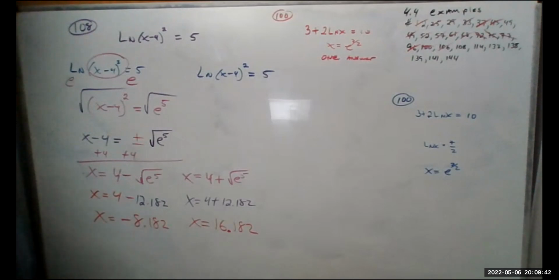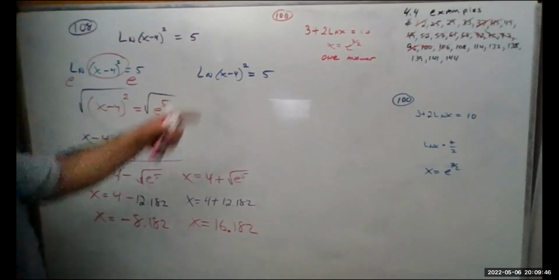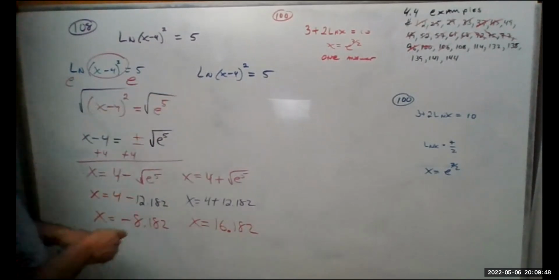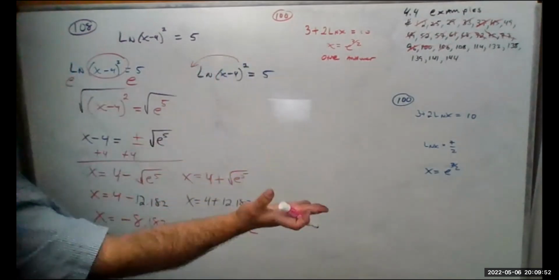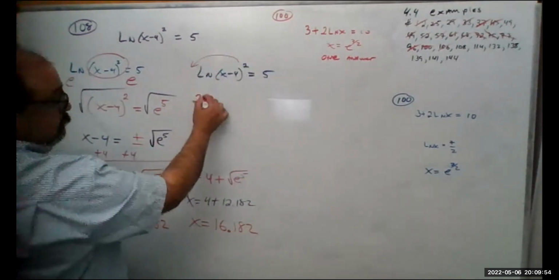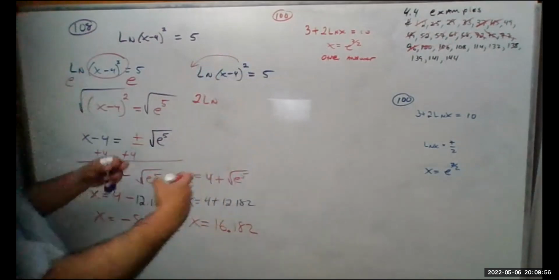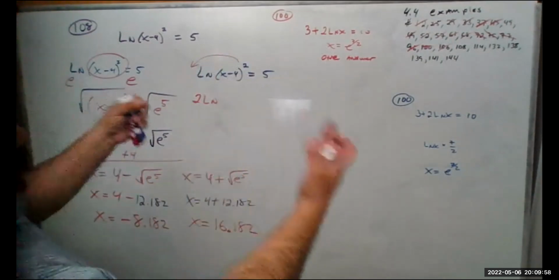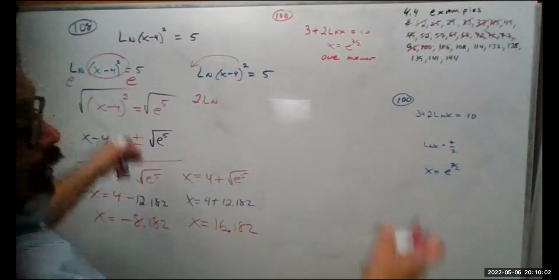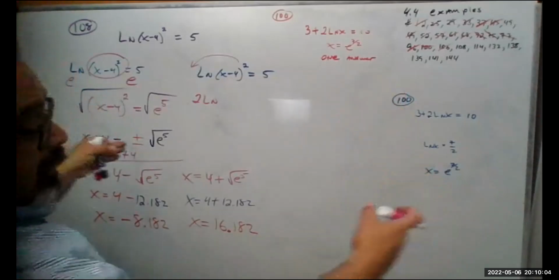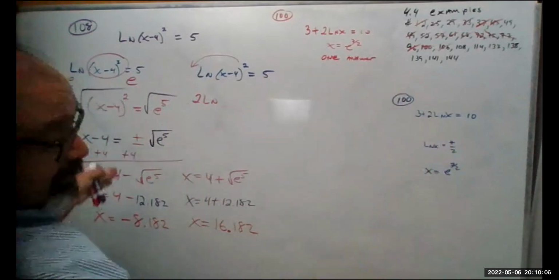Now, here's the problem if you do what you shouldn't do here. Let's bring the 2 down. We did it with the 1/2. But when you do it with the 1/2, if you left it there, it's a square root, and you end up squaring both sides. When you square both sides, it makes things positive.